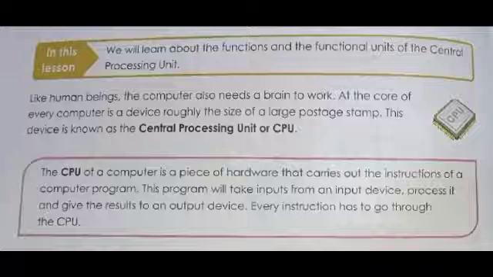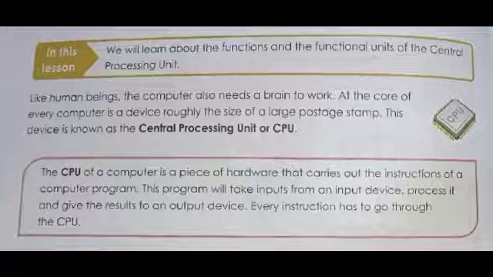This device is known as the Central Processing Unit, or CPU. The CPU of a computer is a piece of hardware that carries out the instructions of a computer program. This program will take input from an input device, process it, and give the result to an output device.